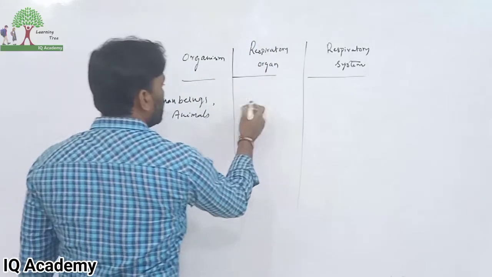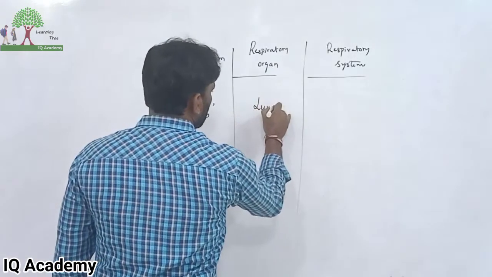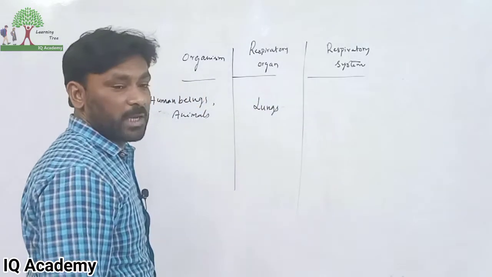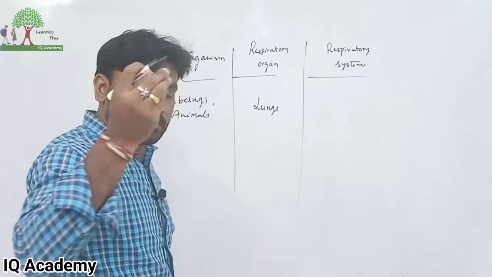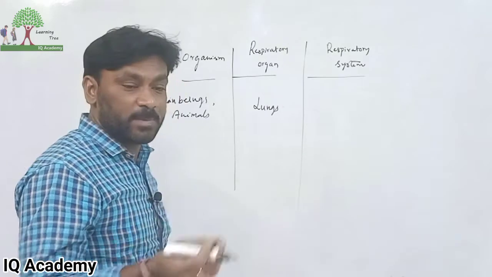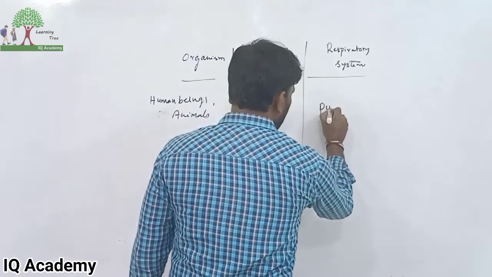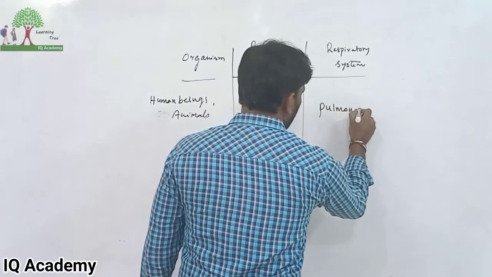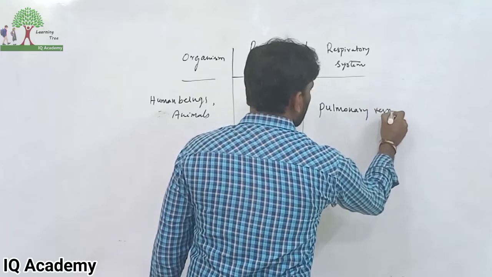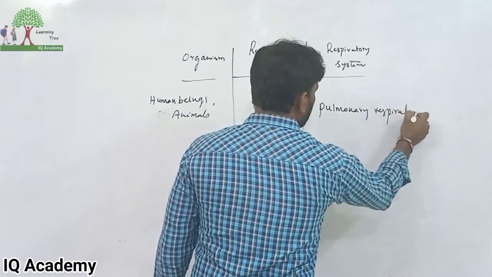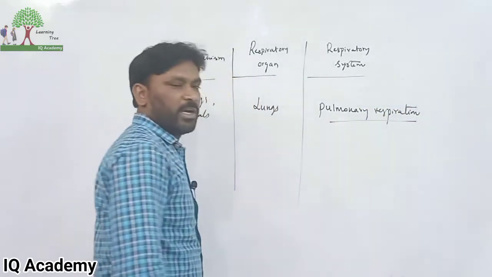The respiratory organ is the lungs. Respiration that takes place through lungs is called pulmonary respiration.